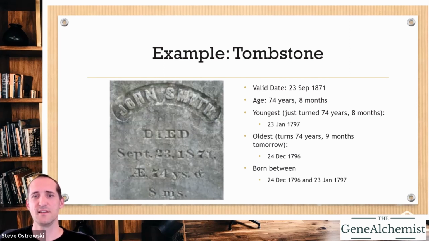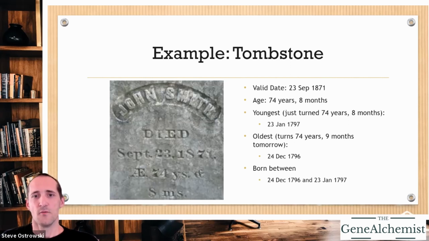Now the oldest he could be is that he's turning 74 years and 9 months tomorrow. Tomorrow is the 24th of September. The oldest that John Smith could be would be that he's turning 74 years and 9 months tomorrow, or basically 1 month older.